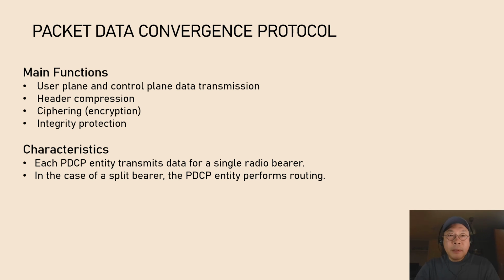Each PDCP entity handles data for a single radio bearer, and in the case of a split bearer, it also performs routing between transmission paths. Overall, PDCP ensures efficient and secure data delivery within the 5G NR protocol stack.